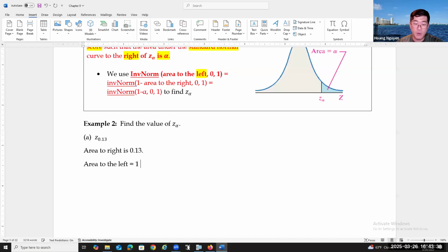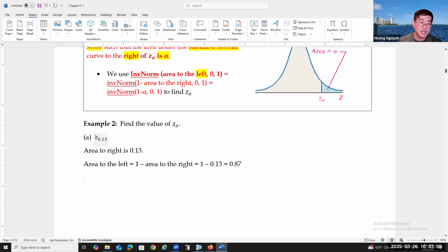Area to the left equals 1 minus the area to the right, so it's 1 minus 0.13, which is 0.87.